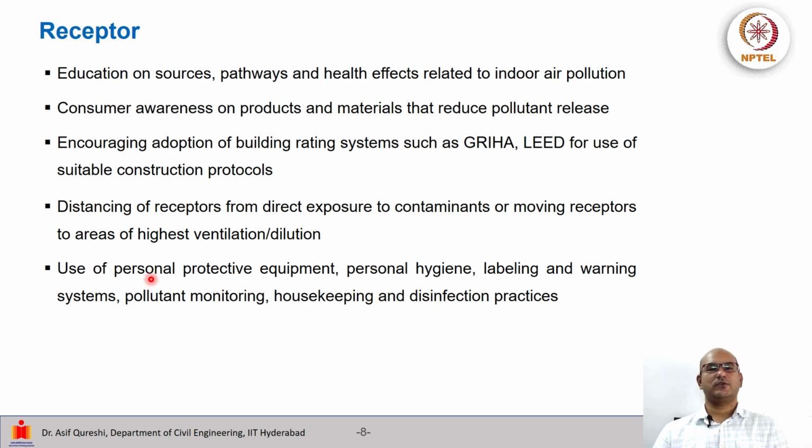Finally, one can use personal protective equipment, but that is maybe a more extreme case. One can always practice personal hygiene, use labels and warning systems for indoor sources of air pollution, do pollutant monitoring, maintain housekeeping and employ disinfection practices.